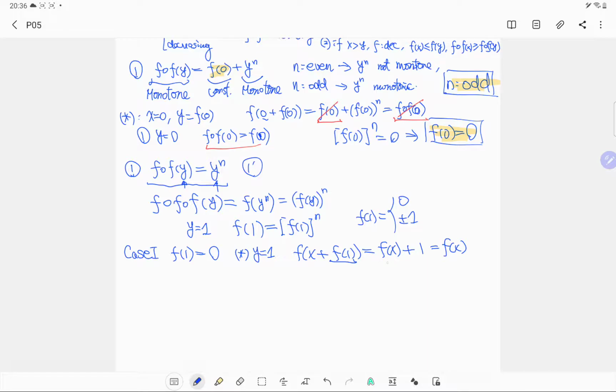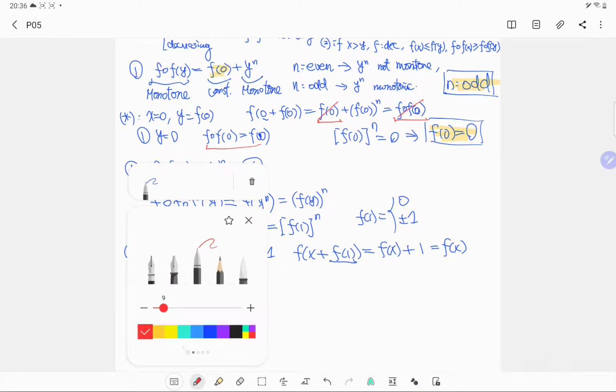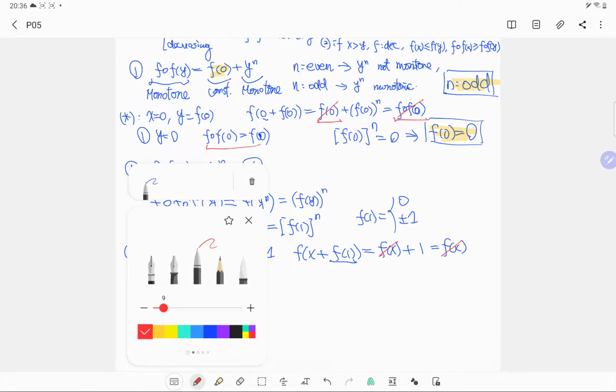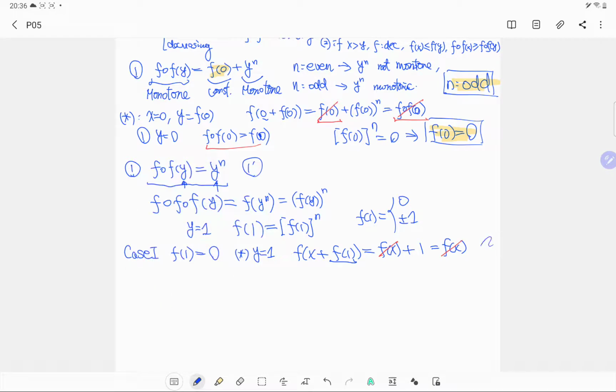So we cancel f of x here and here, and we have 1 equals 0, which is a contradiction. So we discard this one.